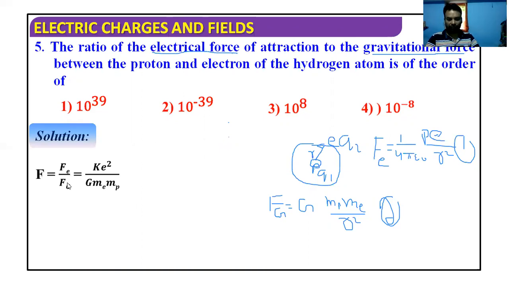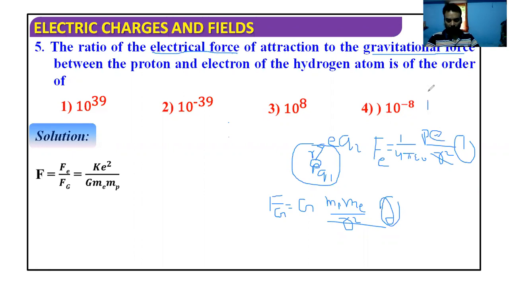So this R square will cancel out when we divide. Finally we will be left with the charge on the proton and the charge on the electron, which is taken as the same.